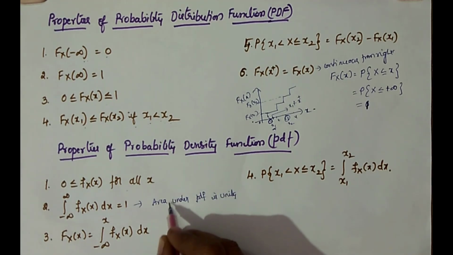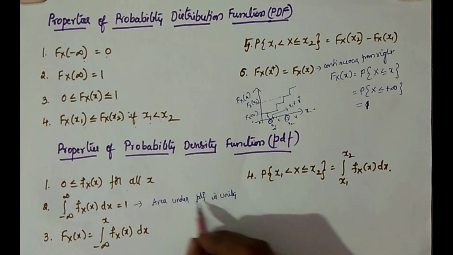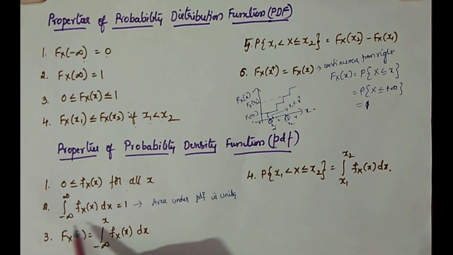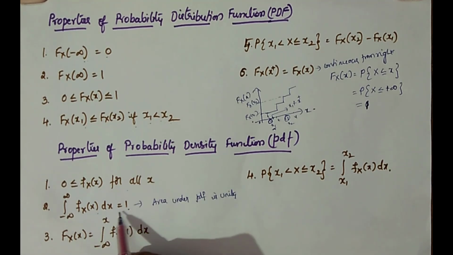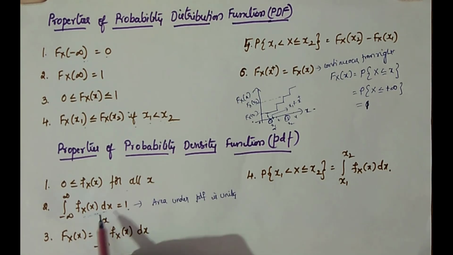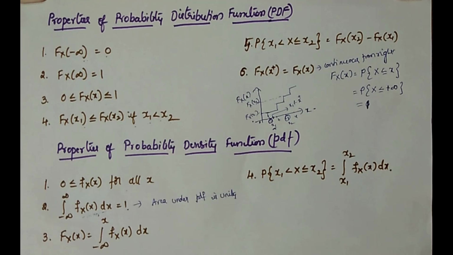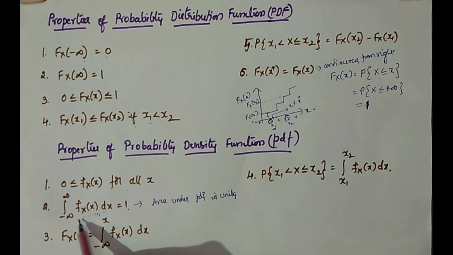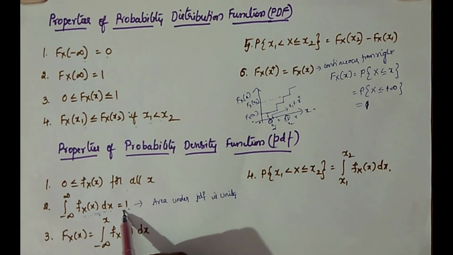To find the area under the PDF, you integrate the probability density function between the limits minus infinity to infinity. This is equal to 1. By this expression, we can find whether the given PDF is valid or not. A probability density function is valid only if it satisfies this.